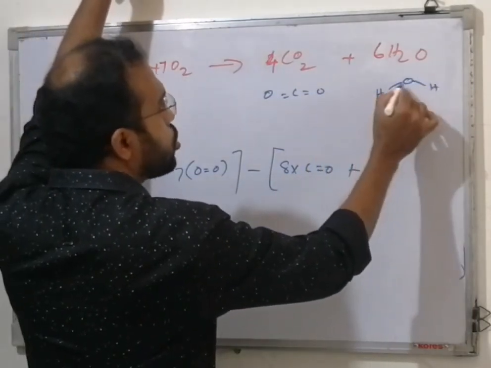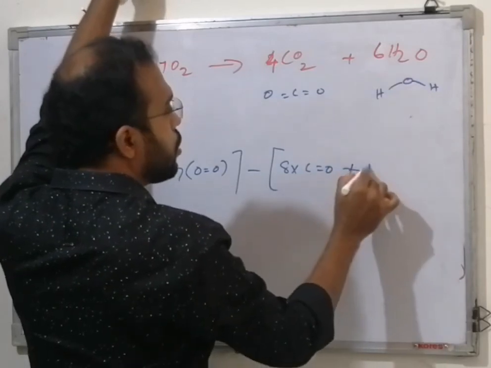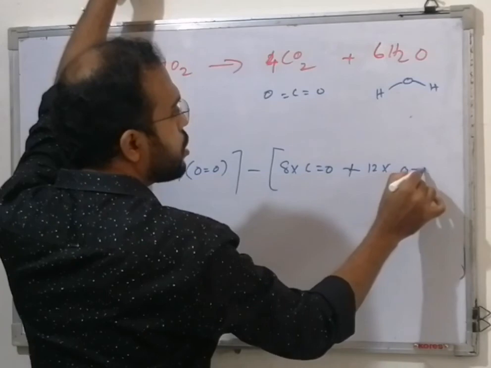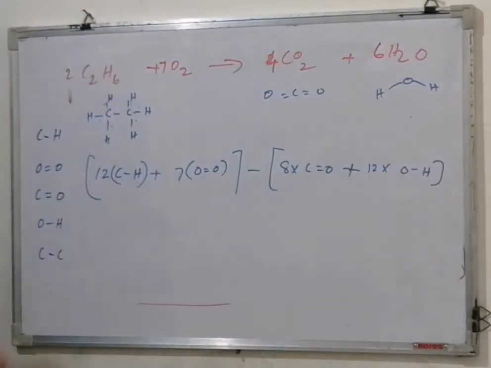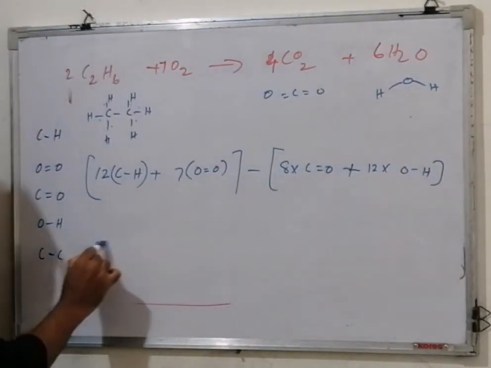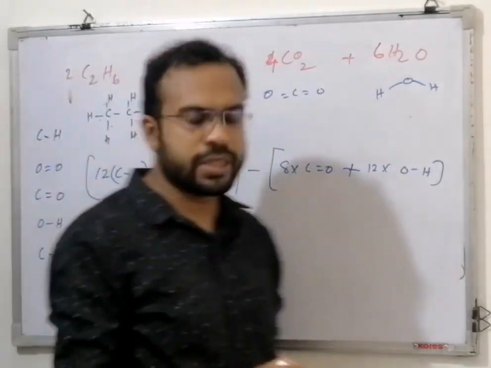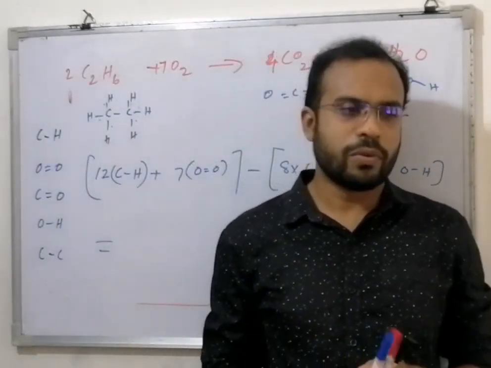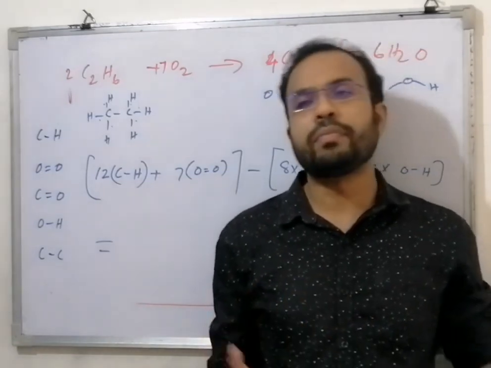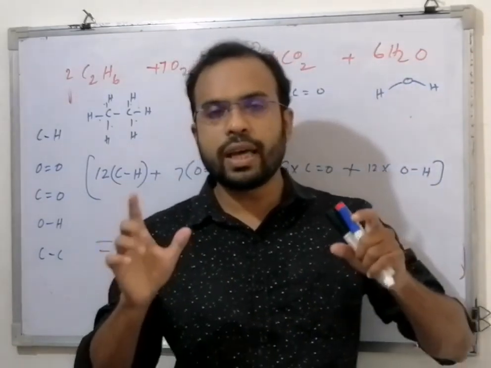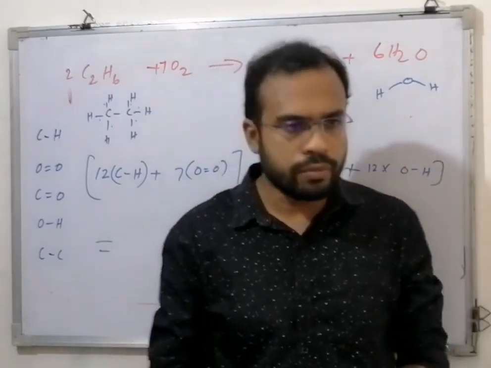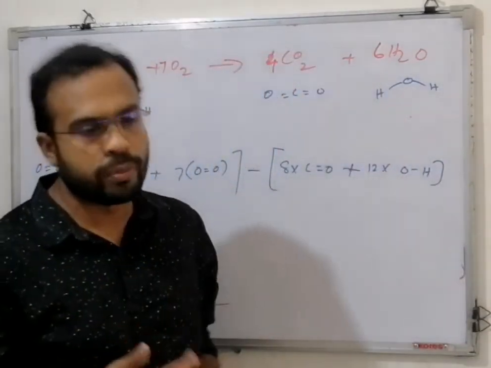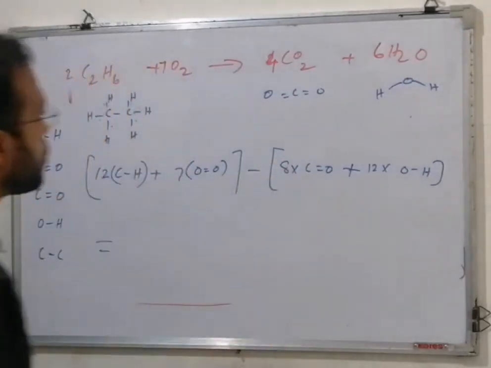How many OH bonds? 2 into 6, 12 into OH bond enthalpies. Be very careful about this calculation. If you miss any points, you will get the wrong answer. Therefore, when you do the bond enthalpy calculation for enthalpy of reaction or enthalpy of formation, this clarity is very important.